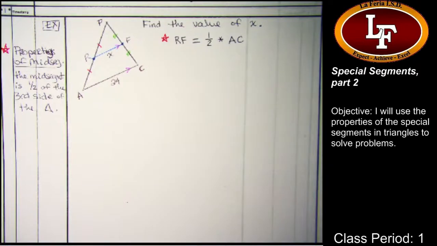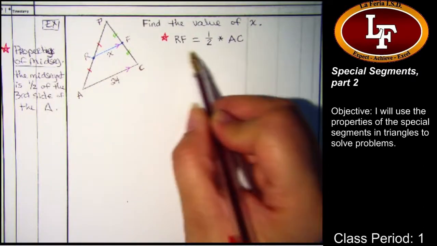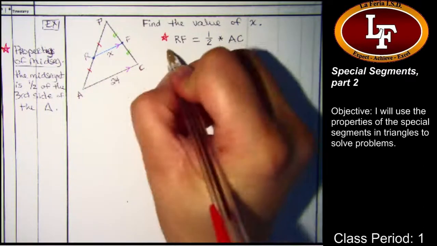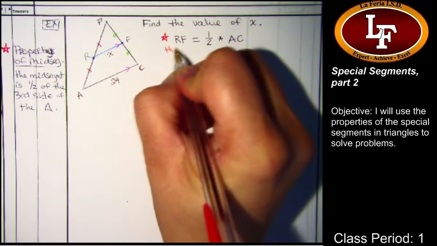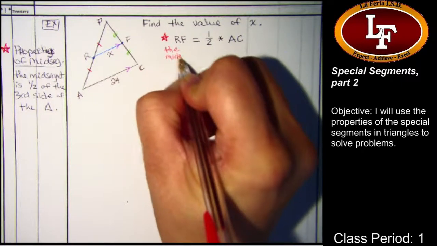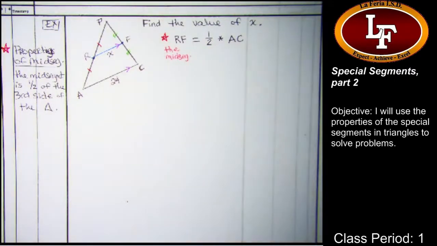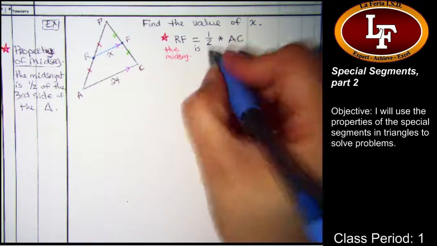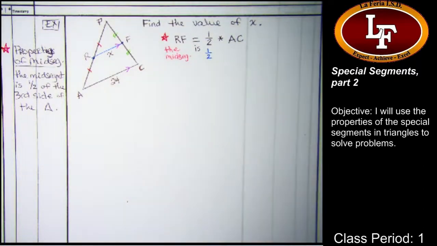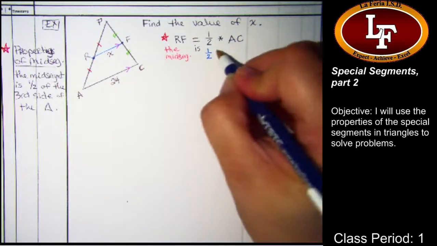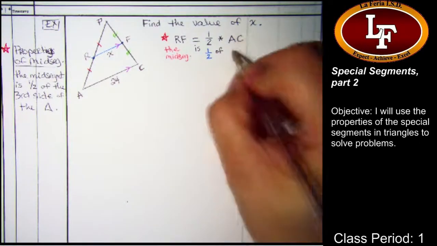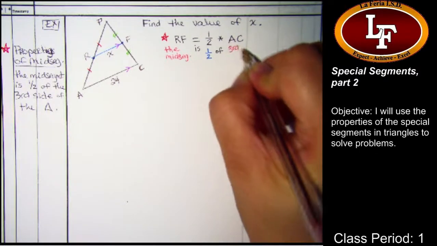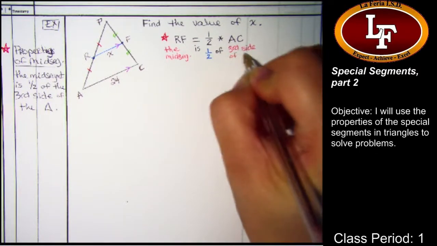I'm going to take my important color, my red, but use a smaller tip so it's not as bold, and rewrite this under here so that you can see that translation. So this is the midsegment. This is the word is. Here is 1/2. This is the word of. And this is the third side of the triangle.